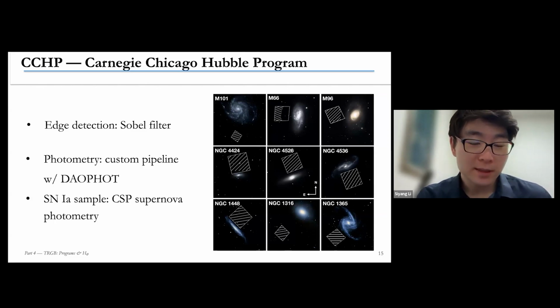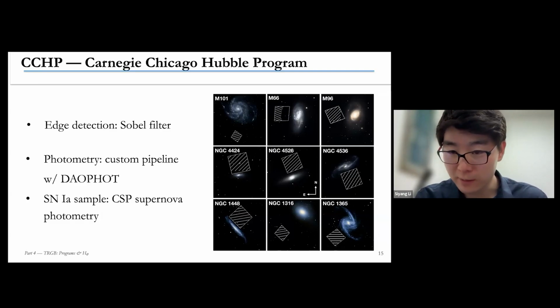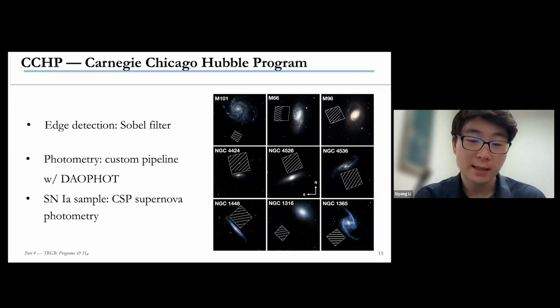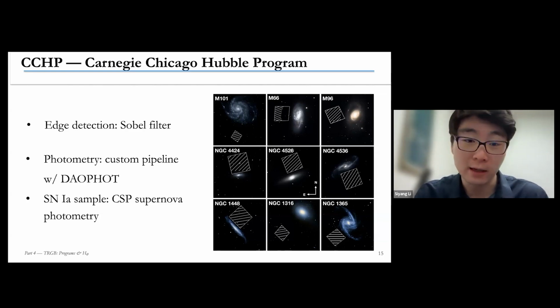As a note, they perform photometry on their HST data with a custom pipeline using software called DAOPHOT. They also adopt the Carnegie Supernova Program supernova photometry, which is a subset of another major supernova compilation, for instance Pantheon Plus. There will be differences that can be traced back to this difference in supernova selection, and I'll talk about that a little later on.